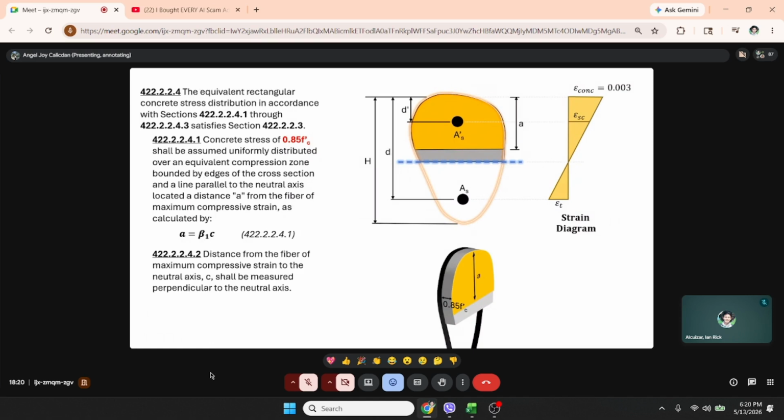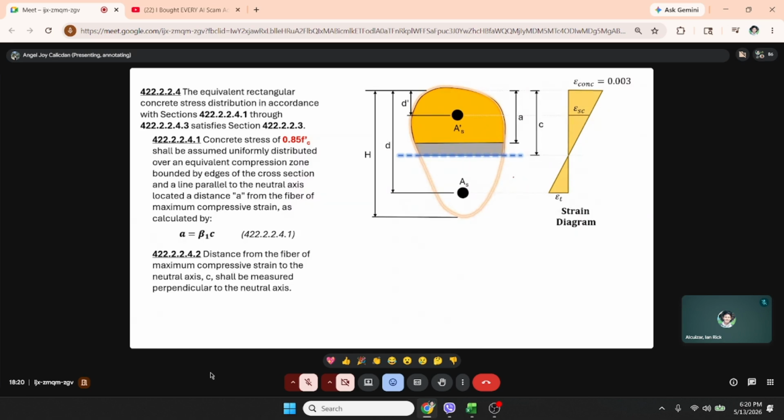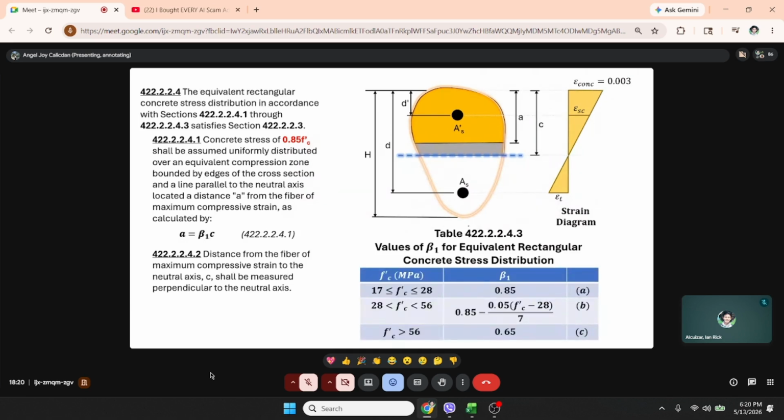So c is the distance from the fiber of maximum compressive strain to the neutral axis and shall be measured perpendicular to the neutral axis. So this is c, from the extreme compression fiber to the neutral axis. And Table 422.2.4.3 gives the values of beta 1 for the equivalent rectangular concrete stress distribution.